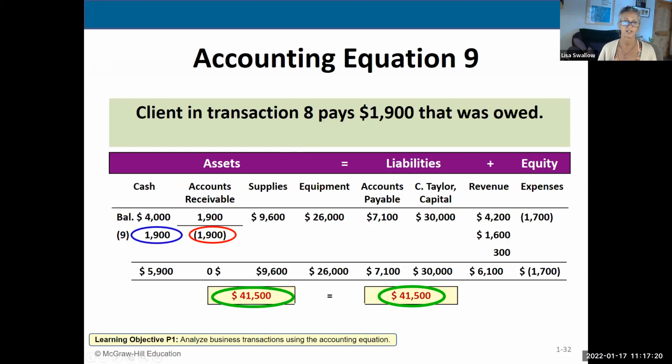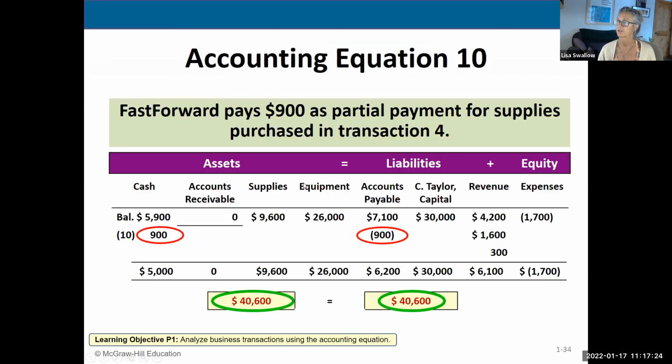Okay, please go ahead and do this equation. I owed my company Fast Forward, if you remember from transaction number 4, I bought some supplies on account from them, and now I'm paying them. I'm paying part of my accounts payable off.